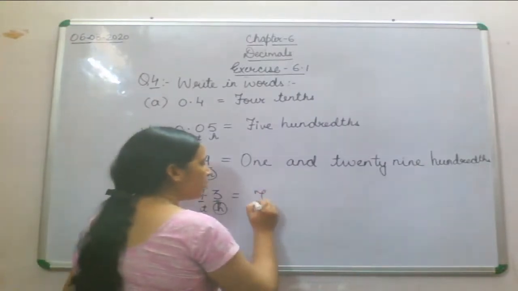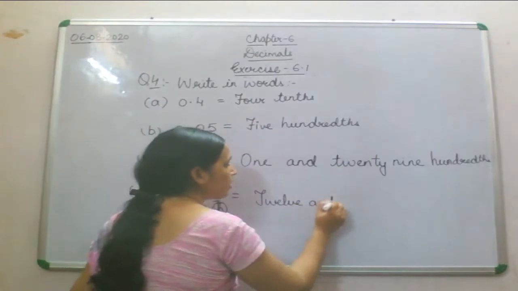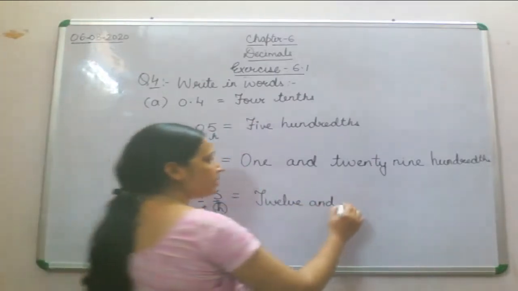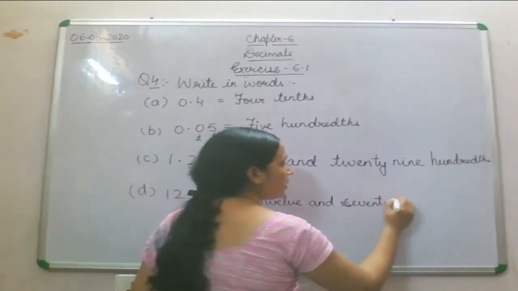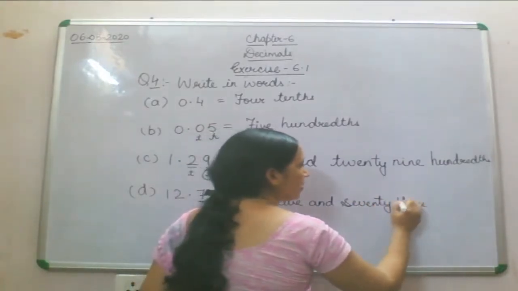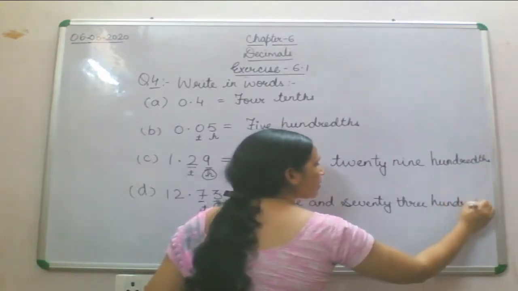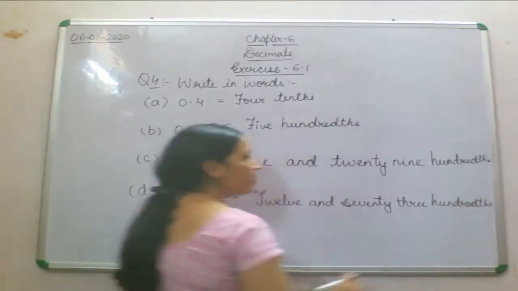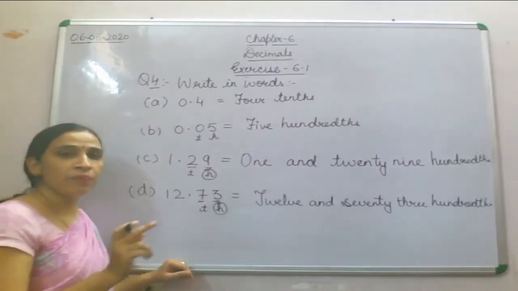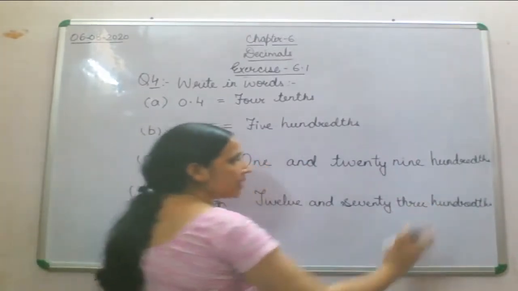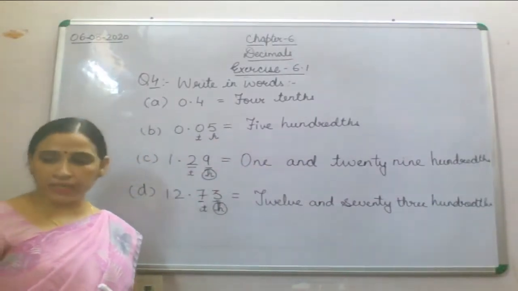So what will we write here? 12 and 73 hundredths. Fine. Whichever highest place value is there, you take that and write it in that form. So we have completed the D part.